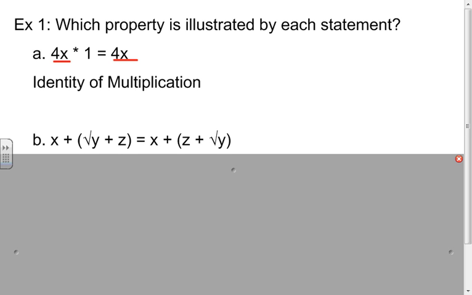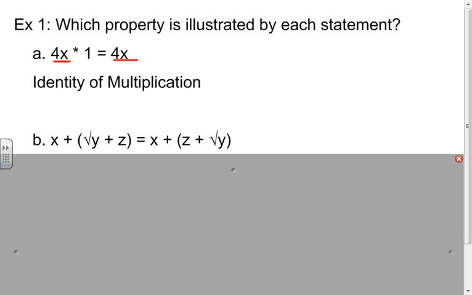Letter B, x plus parentheses, the square root of y plus z parentheses. And then over on the other side, x plus parentheses z plus square root of y parentheses. There's parentheses in this problem, but did the parentheses move? No, they didn't. Associative property is the one where the parentheses moved.